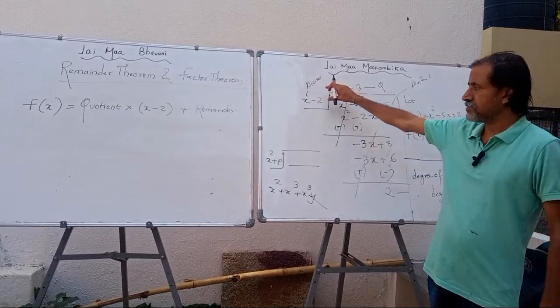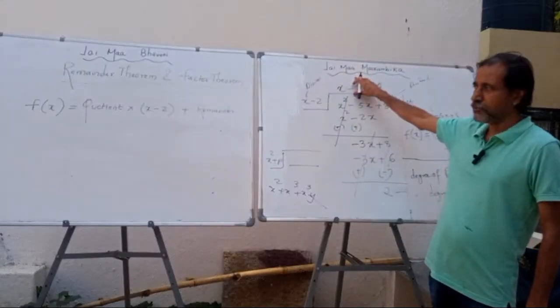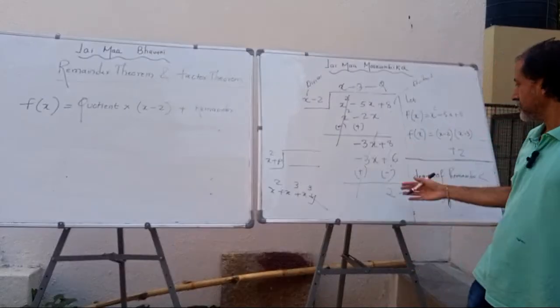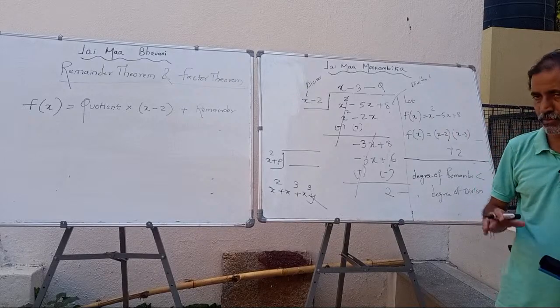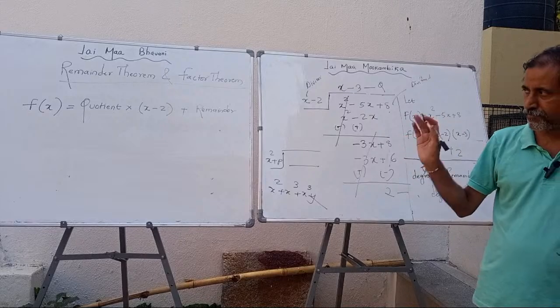See, x minus 2 is the divisor. Quotient, whatever, let it be. I'm not worried. I know this is f of x and the remainder is whatever I get. So sit one minute, wait, don't write. Is this okay?